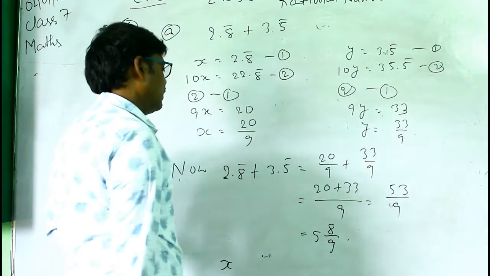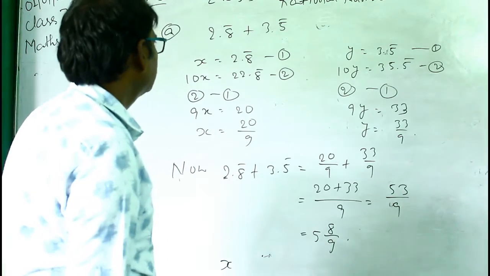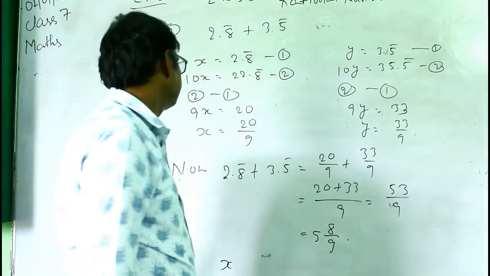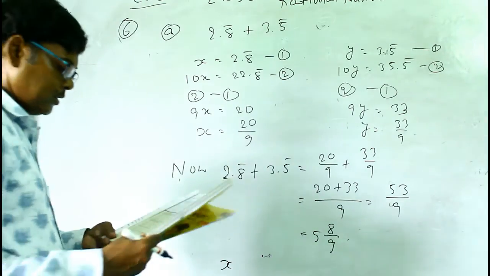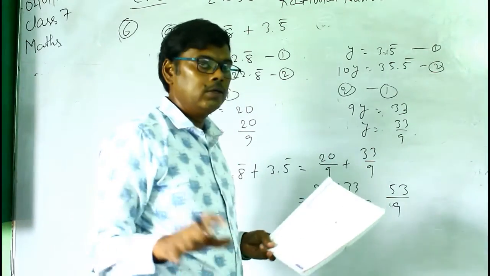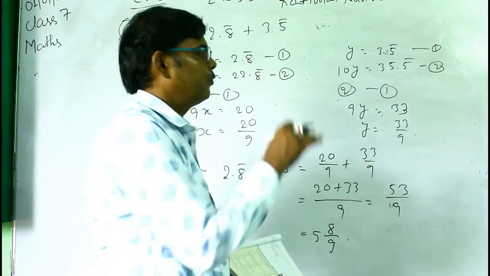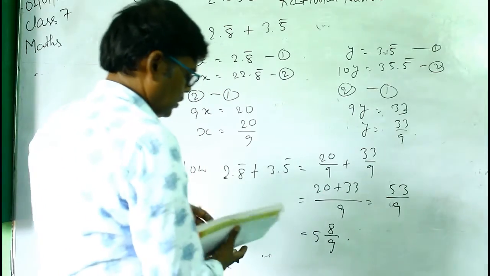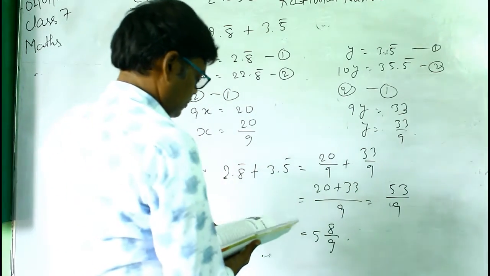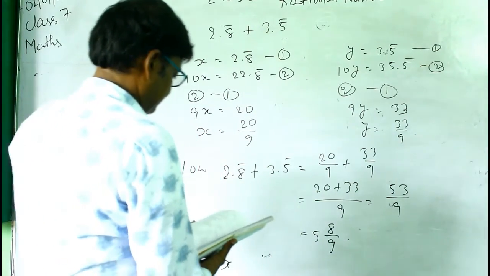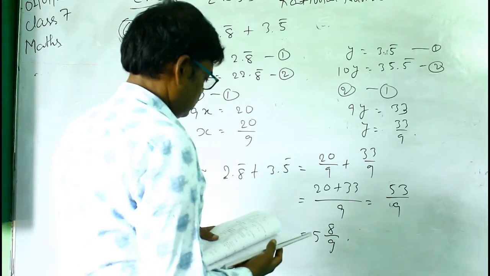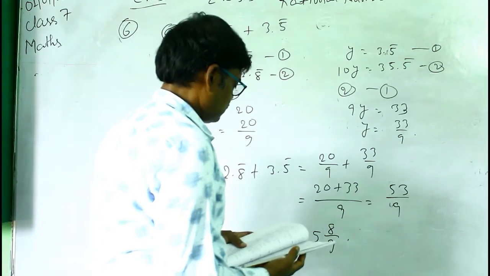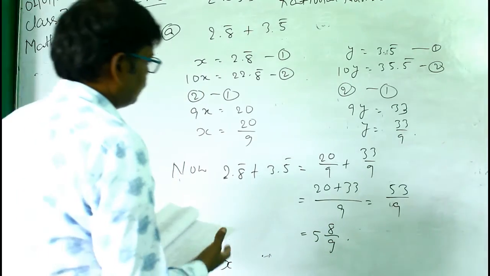You will do this question like this. And there is also one more question. You will solve the other question in the same way, and you will get the answer again. The answer is 6 and 4 by 9.